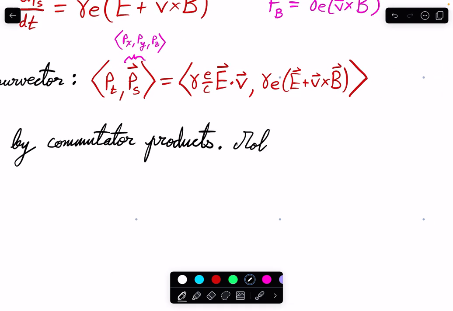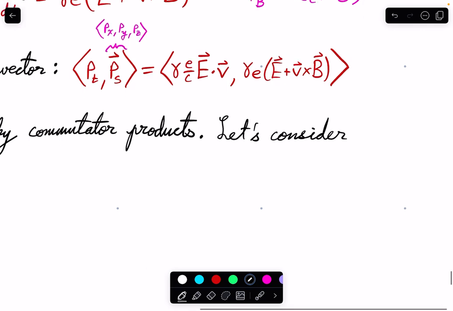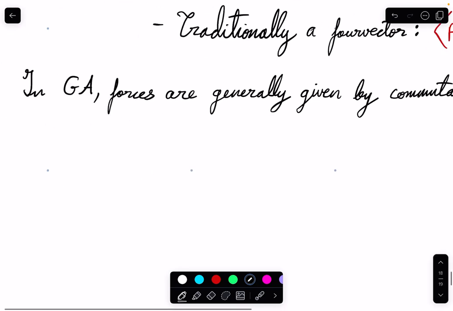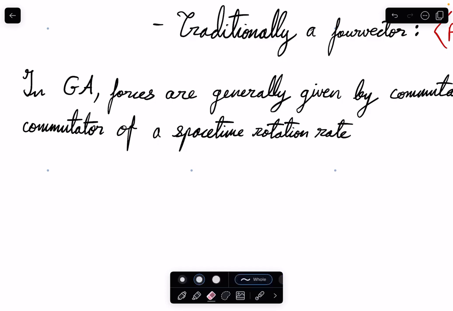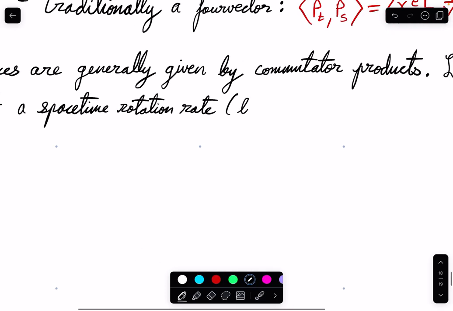Let's consider the commutator of a spacetime rotation rate, which is just a bivector.